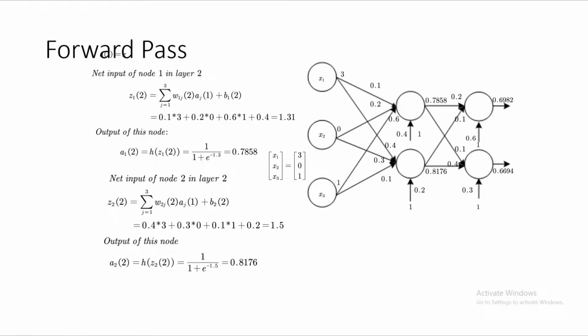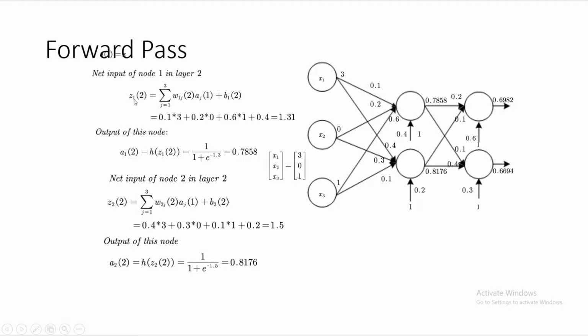Now let's see the computation performed at each node, starting with the first node. We can see here, at the first node in layer 2, we compute the net input Z1 of 2.